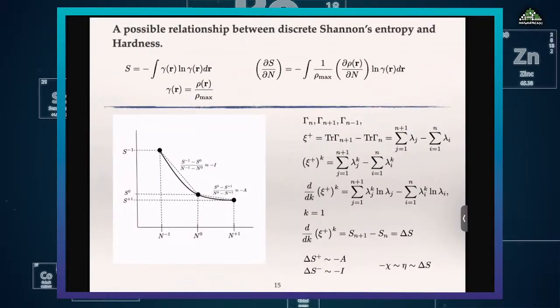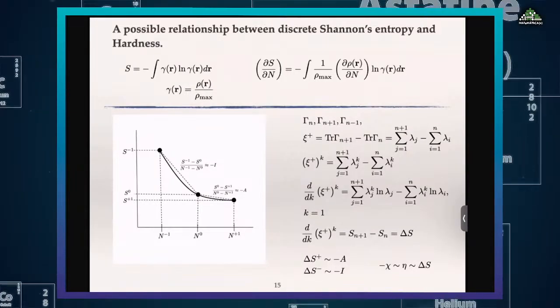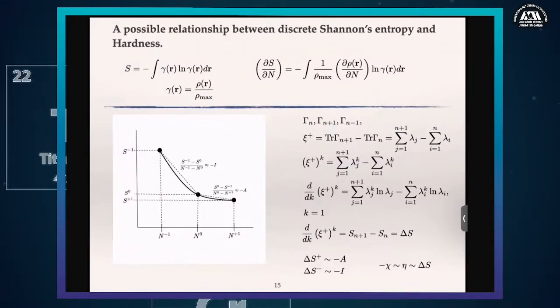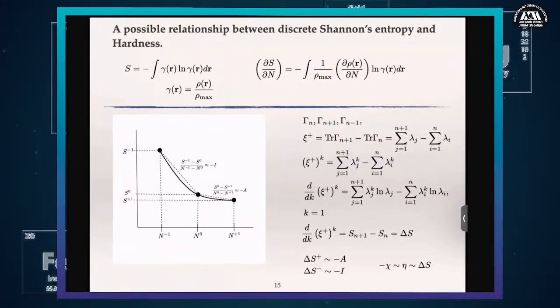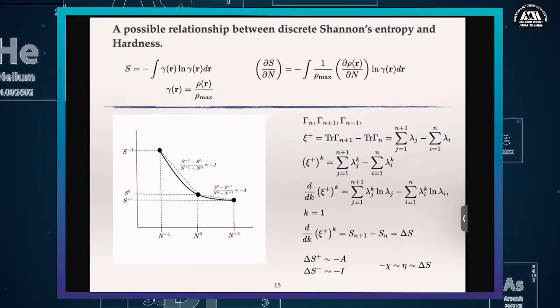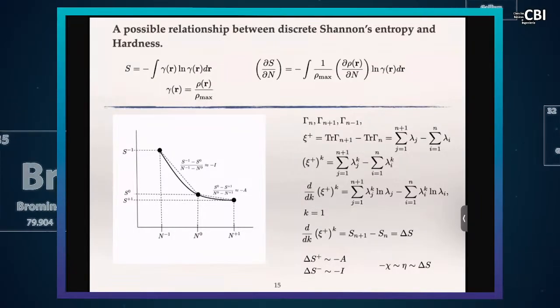So we have these two important concepts of chemistry linked to the change of the entropy of the systems, and of course we can relate this to the hardness.